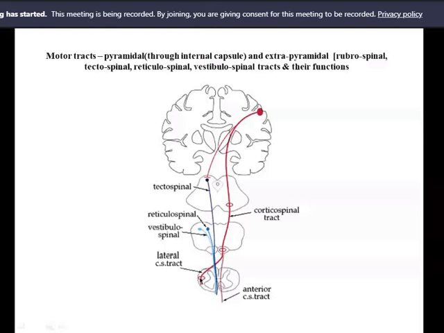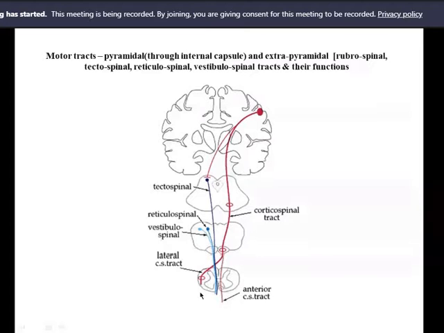And tone means what? Tone means the property of muscle, the resistance of muscle. I repeat, resistance of muscle against stretch is called tone. So the pyramidal tract, when it is active, increases the tone, and it is for the skillful movement.